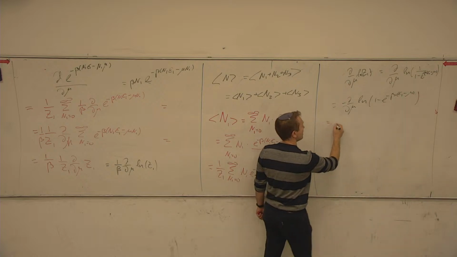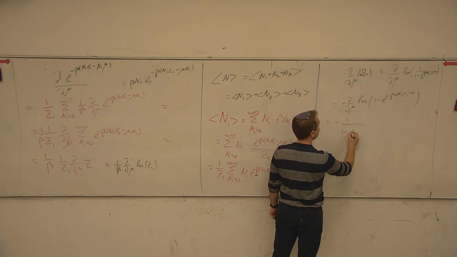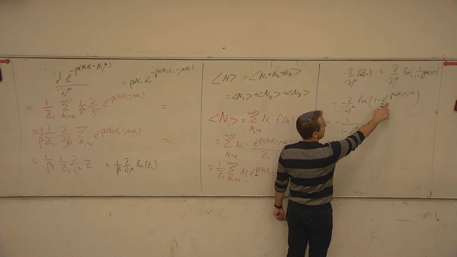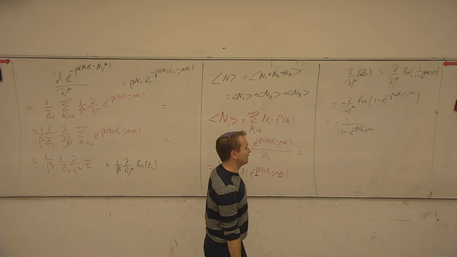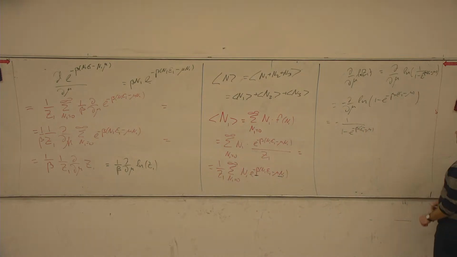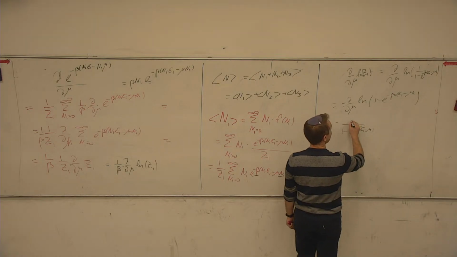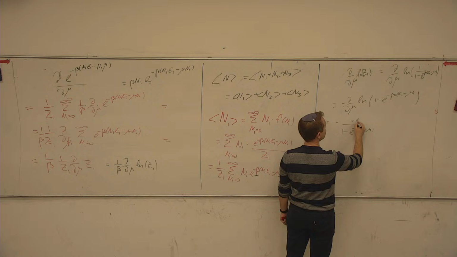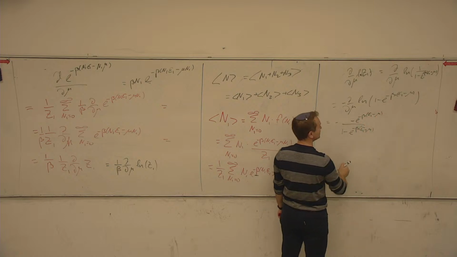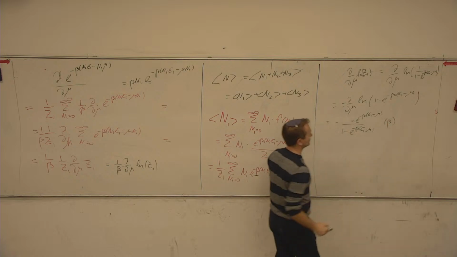Okay, and it is minus 1 over 1 minus e to the power minus beta (epsilon 1 minus mu), and I have to take the inner derivative of the exponent, which gives beta.